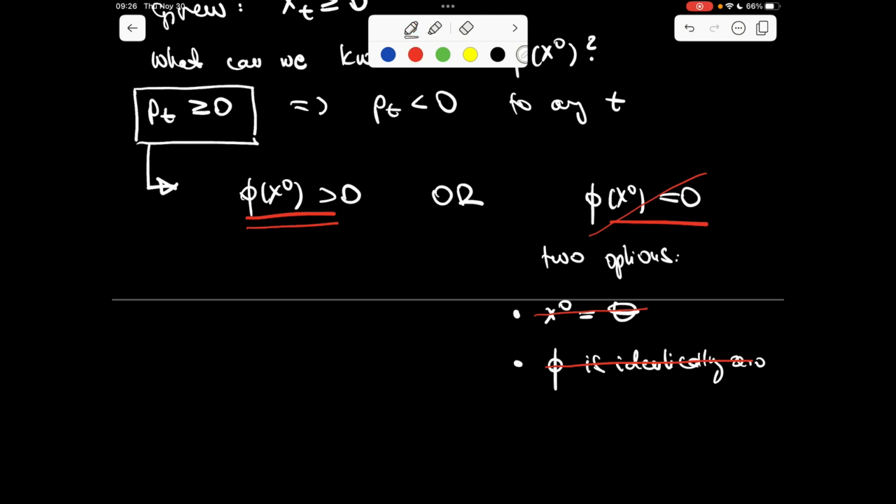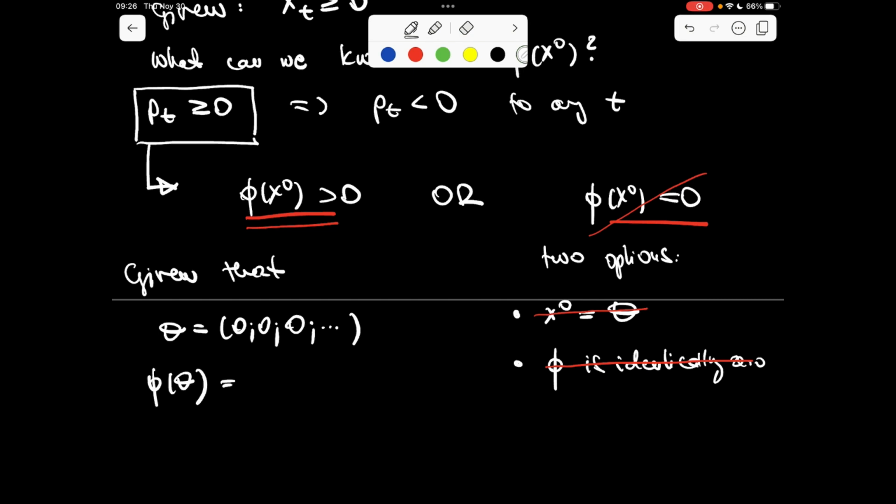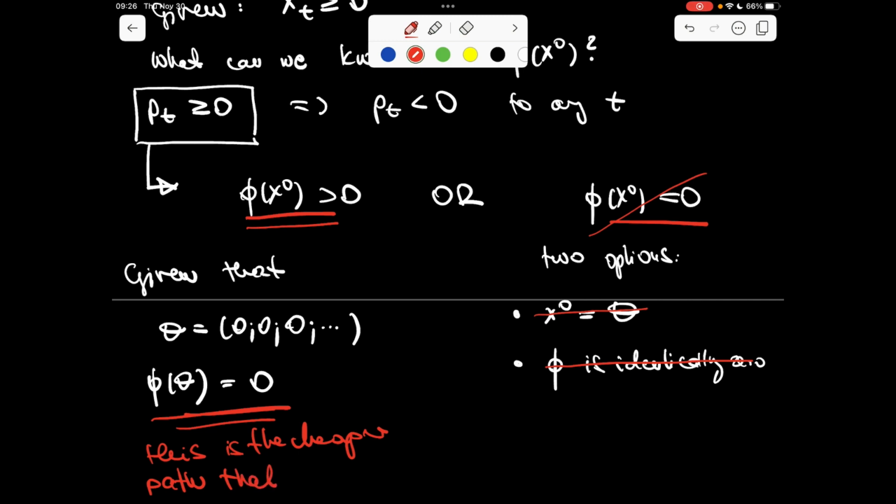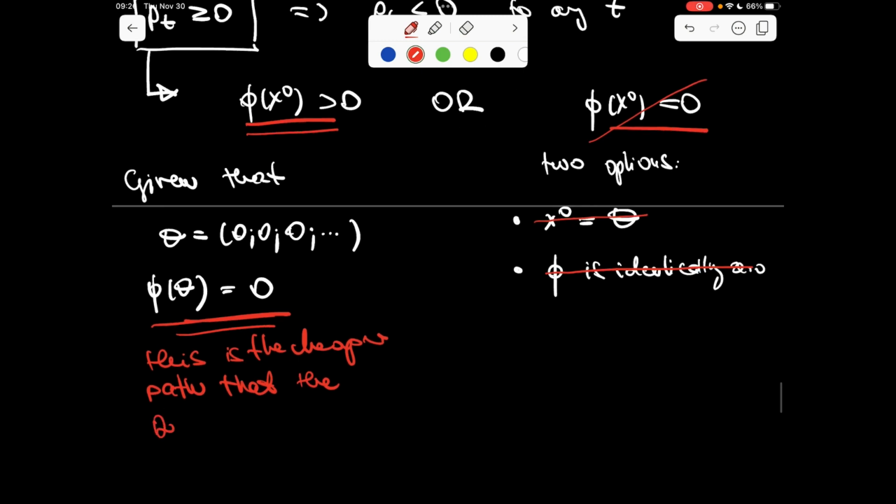So to the optimal consumption path, the value is strictly positive, and given that this consumption series, the 0 series, is available, and the price of this consumption path is strictly 0, and given that the optimal path is strictly positive, this is the cheaper path that the remark requires.